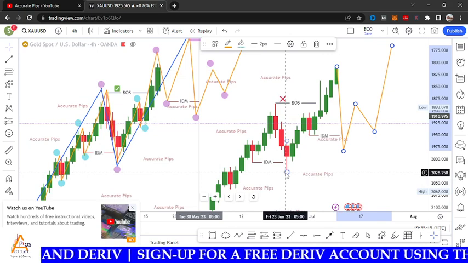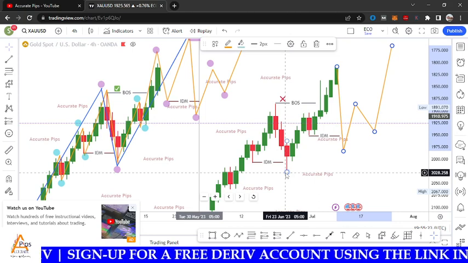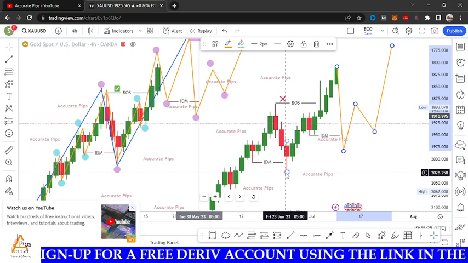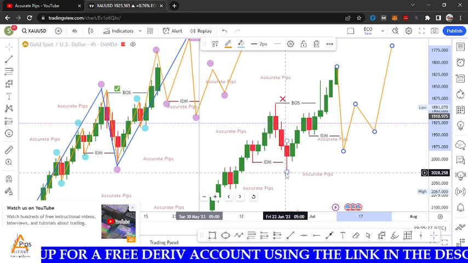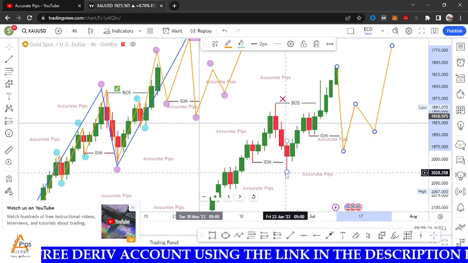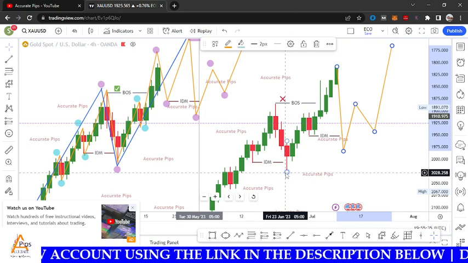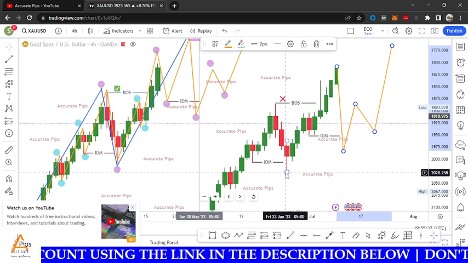Now let me read some things to you here to take notice of before I move on. In the previous lesson, as I said earlier, we learned about impulse and correction in terms of candlesticks.